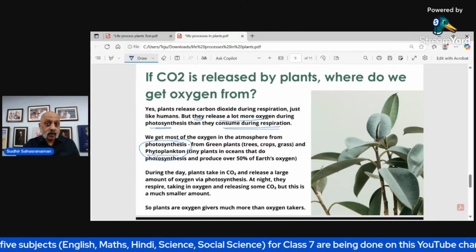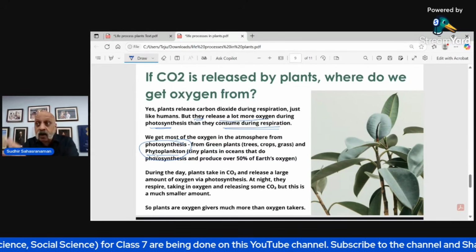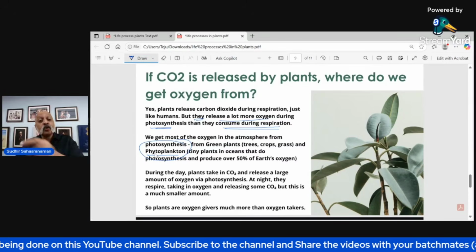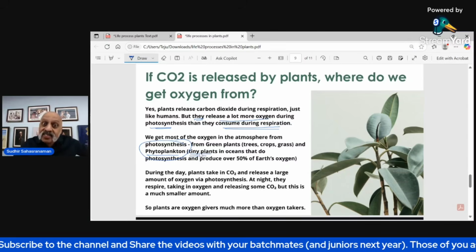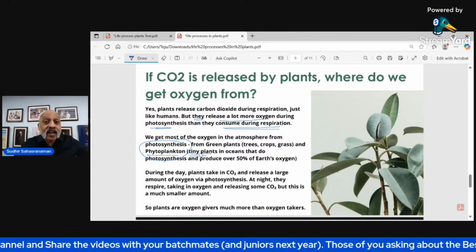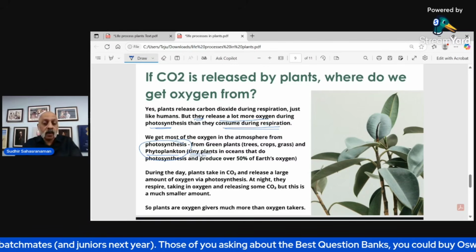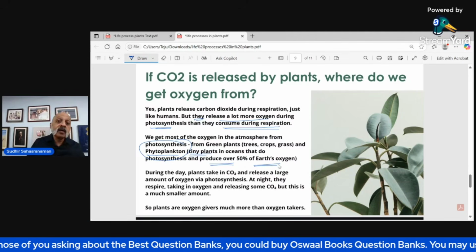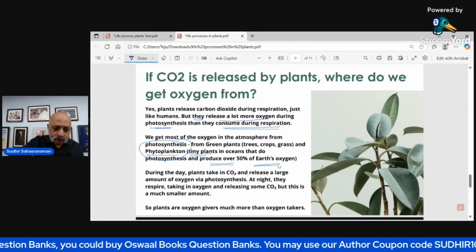Phytoplankton. Please note this down, because in some science quiz or Olympiad, they may ask you a question and then you will be able to score extra. These are tiny plants inside the ocean. They do photosynthesis because of the sunlight which streams through the ocean, and they produce over 50% of the Earth's oxygen. Details you will learn about in class 10.